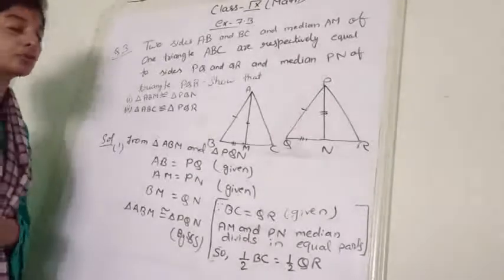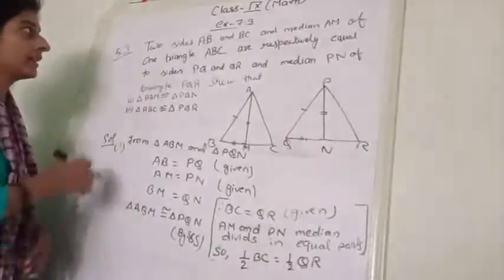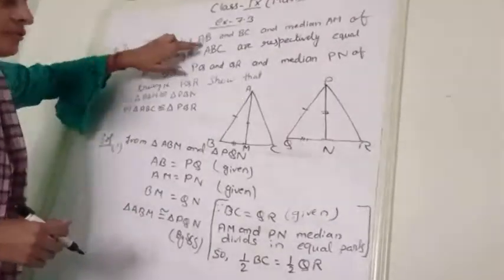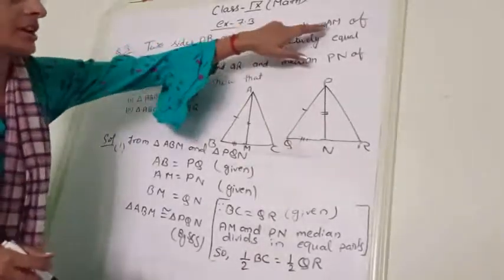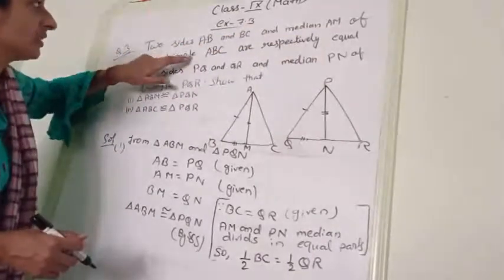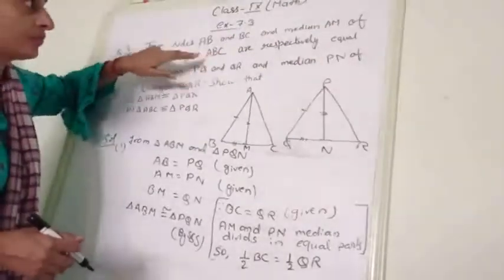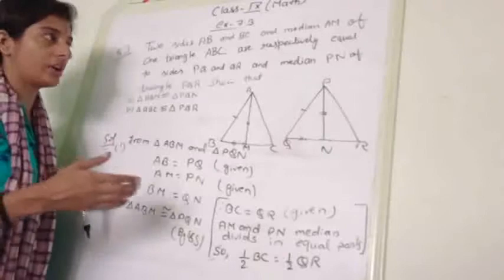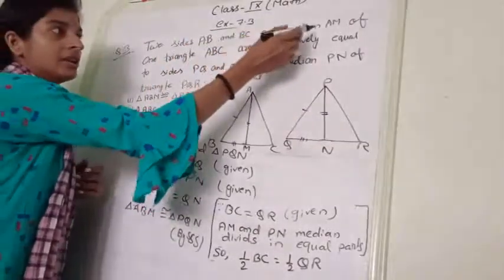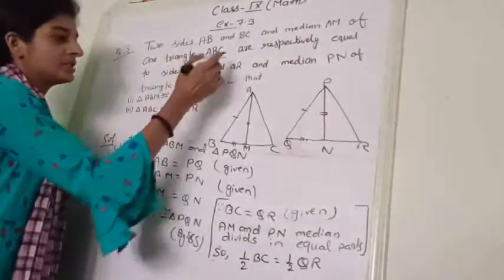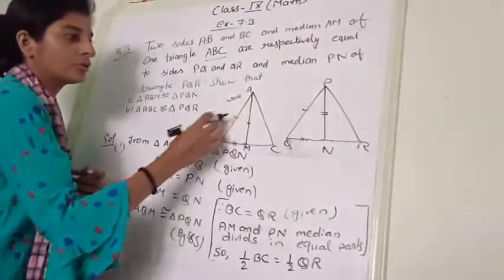Now come to question number 3: two sides AB and BC and median AM of triangle ABC. Let us understand the question at first. We have drawn two triangles.